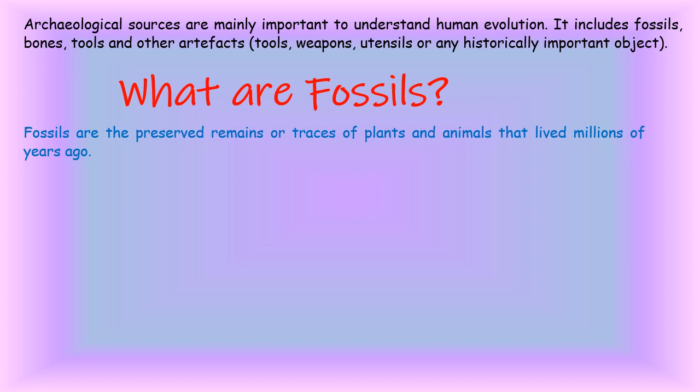Fossils are actually formed when any plant or animal dies and is buried in mud, soil, and sand. Soft flesh quickly decomposes, leaving behind a skeleton or bones or shells.